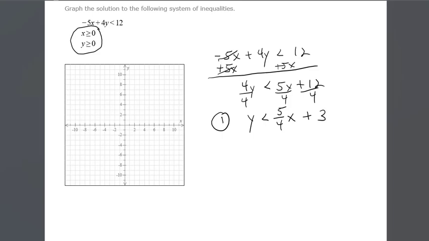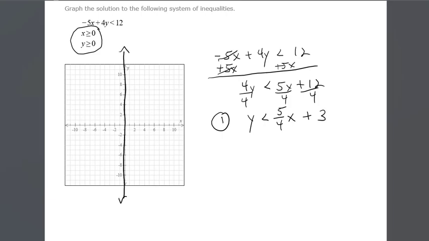So the first one would be x is greater than or equal to 0. We first start by drawing the boundary line x equals 0, which is a solid line that's vertical, which is really our y-axis.